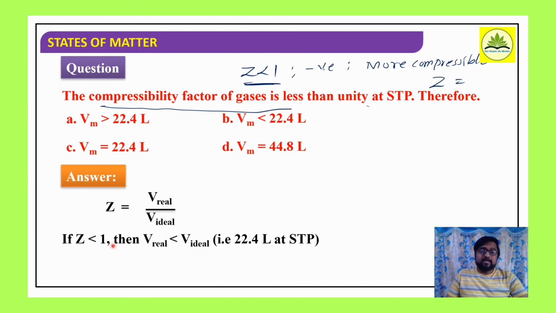So when Z is less than 1, obviously the numerator quantity must be less than the denominator quantity. So the volume of a real gas must be less than the volume of an ideal gas, that is, less than 22.4 liters at STP. So according to this, what is the option? Vm must be less than 22.4 liters.